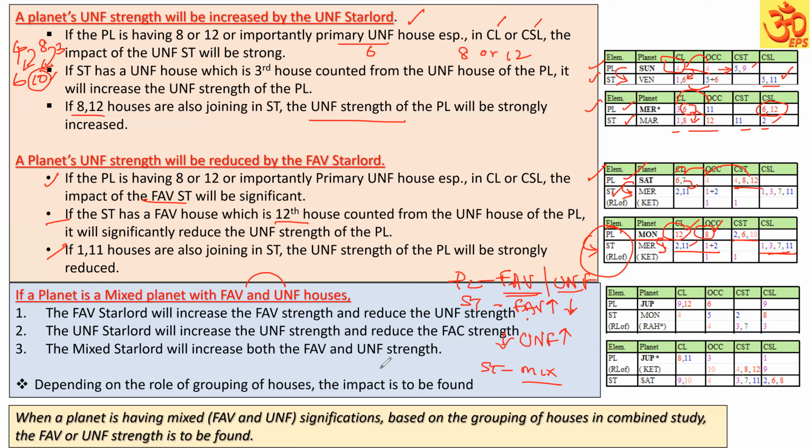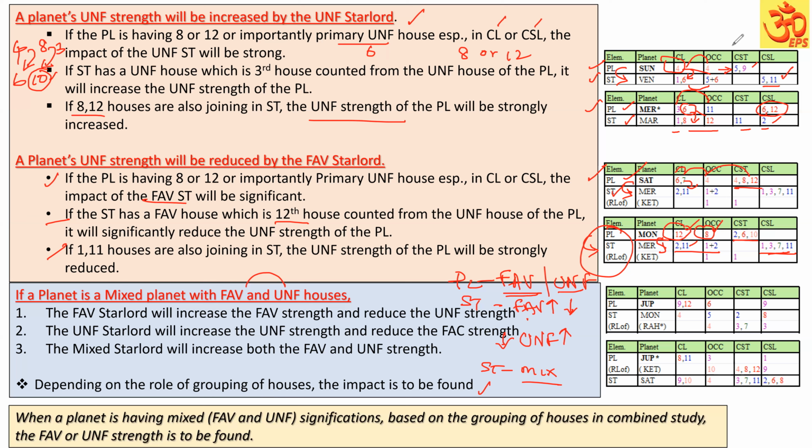So depending on the role of grouping of houses, the impact is to be found. When a planet is having mixed significations, based on the grouping of houses in combined study, the favorable or unfavorable strength is to be found. I hope you have understood the combined level study.